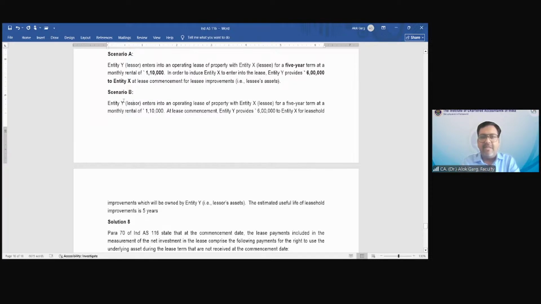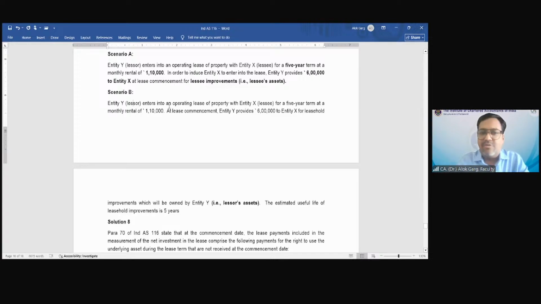Sorry, there is a little bit of confusion. Basically, in scenario A, because I know this question, I have read it interchangeably. In scenario number A, it is lessee improvements, right? It is the lessee's assets. In scenario number B, it is the lessor's assets, right? So there is a simple difference between scenario A and scenario B. Let me correct myself.